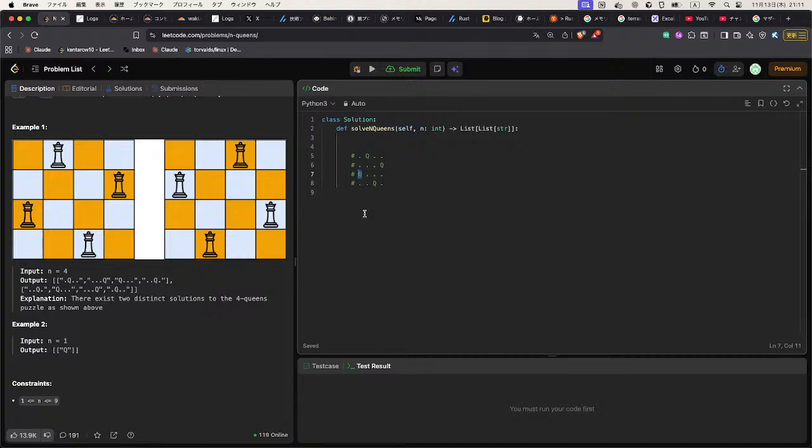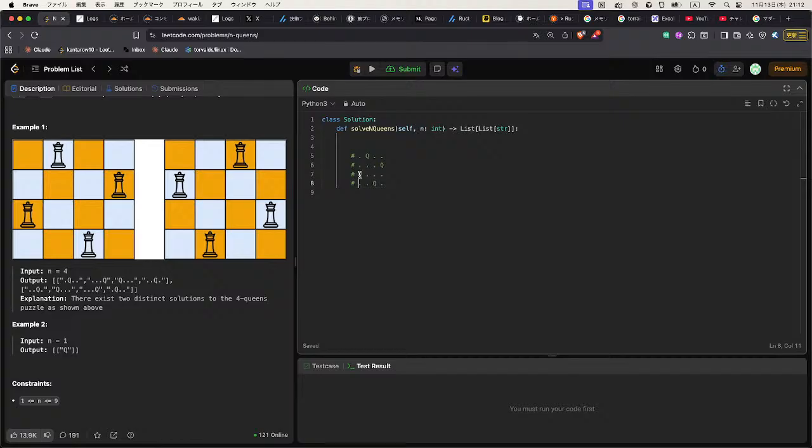I think we should think about the distance from this, and for example here is 2, 0.